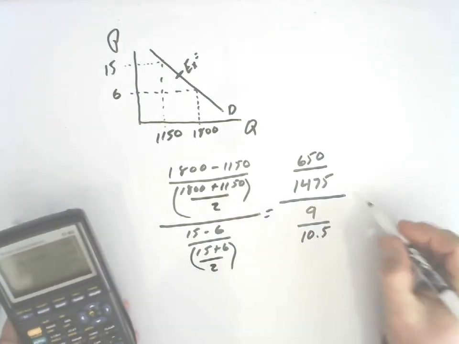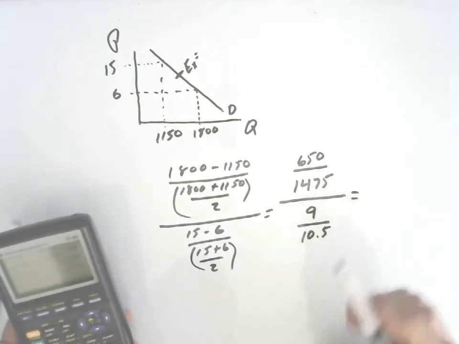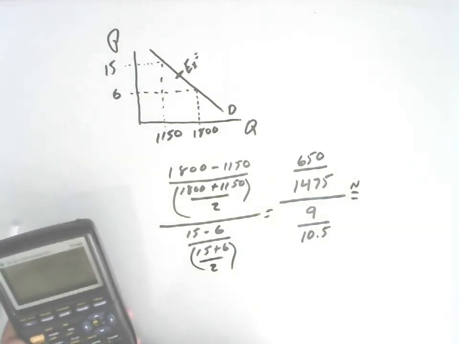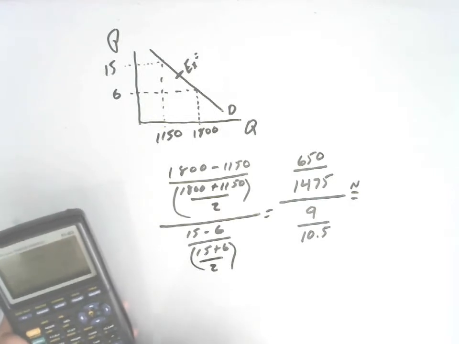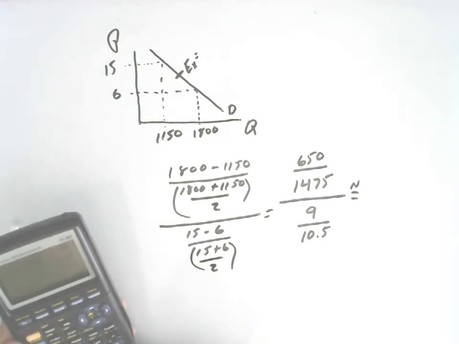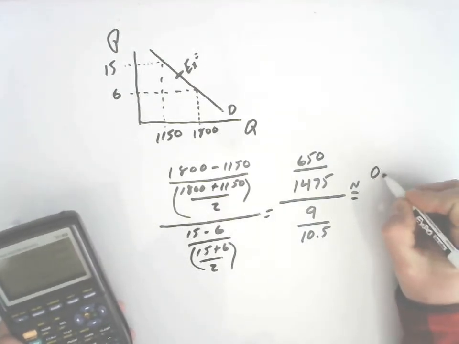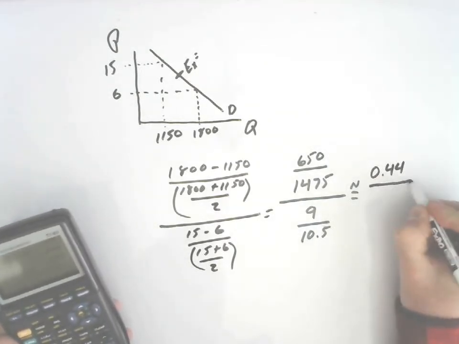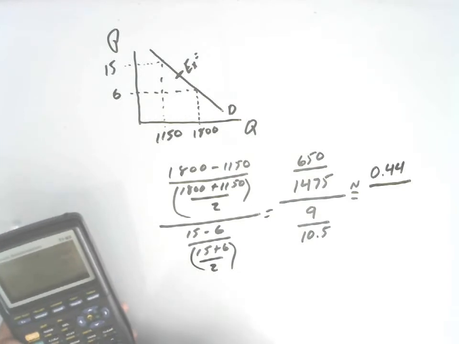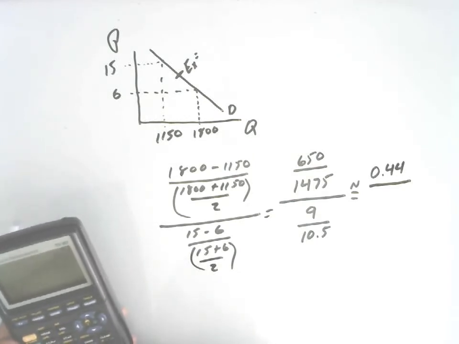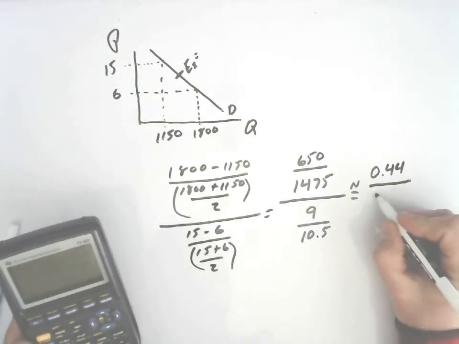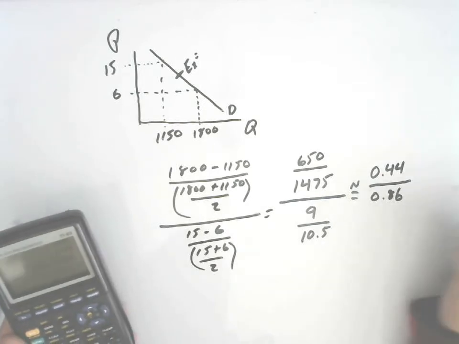So what is this overall? Again, I'm going to use an approximate sign. 650 divided by 1,475 equals approximately 0.44. Divide that by 9 divided by 10.5, which is approximately 0.86.